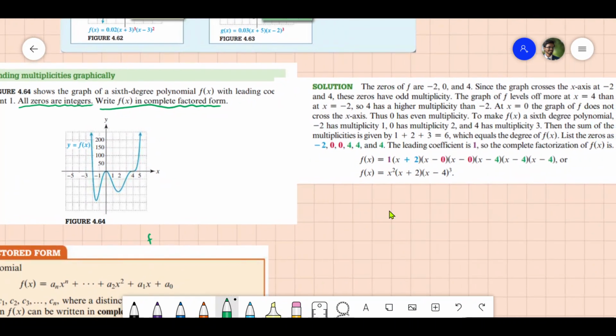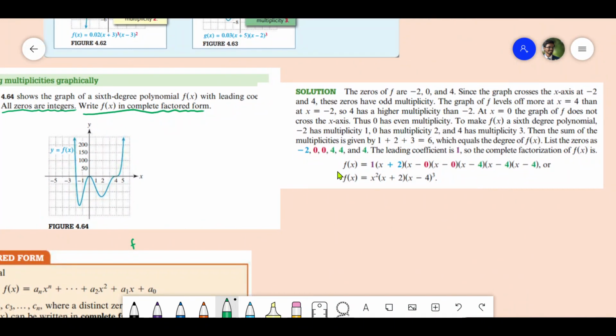Now you can see that by looking at the graph, the zeros of f are -2, 0 and 4, because those are the points where the graph intersects the x-axis. Also, since they have given that the zeros are integers, we know for sure the integer in between these two numbers is -2, and the integer in between these two numbers is 0, and here it should be 4, okay?